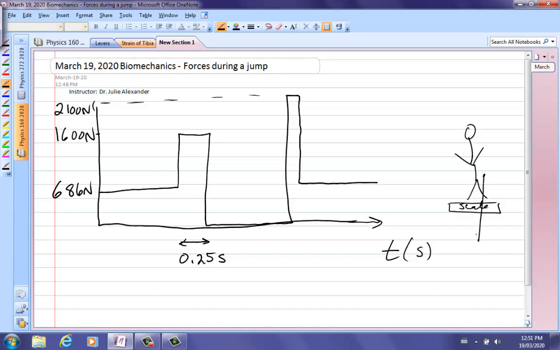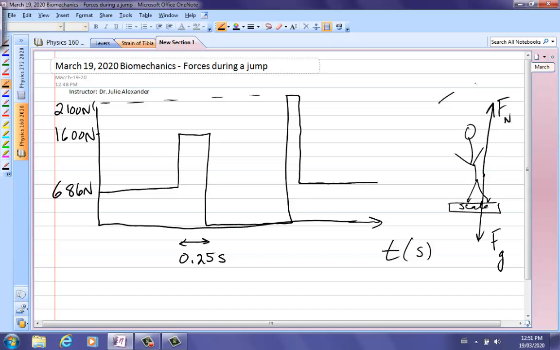One is the force of gravity, and that doesn't change whether you're jumping up and down, standing still, in the air. That never changes. But the force that the scale has to exert on you to keep you from falling through is the normal force. And that's what the scale reads. Okay, so the reading on the scale is the normal force, and that's what this graph is. This graph is the reading on the scale. Clearly it changes depending on how you're jumping around on that scale.